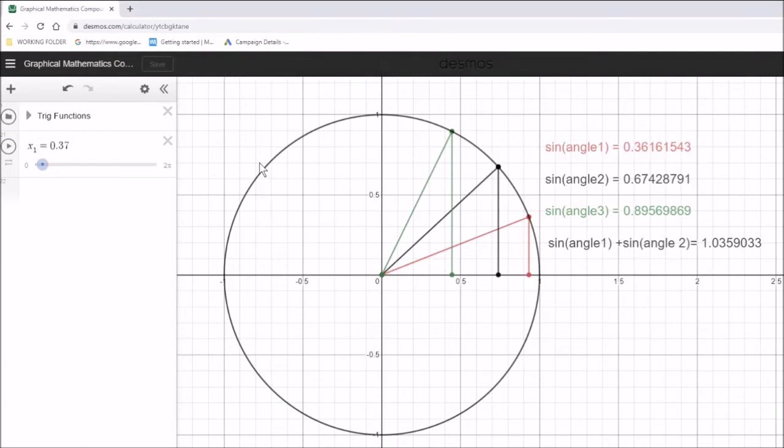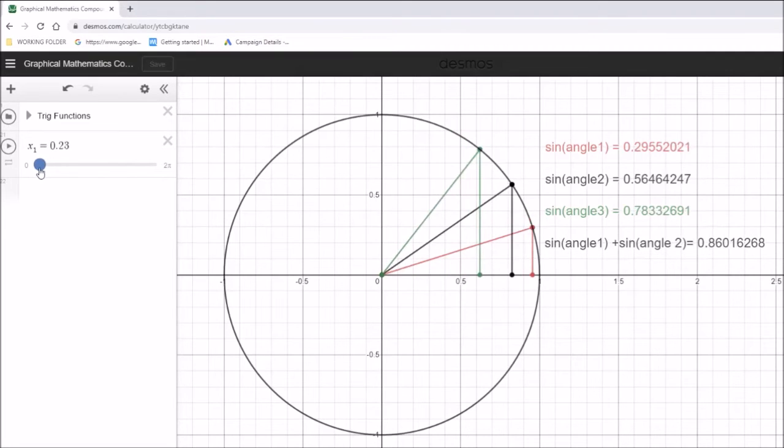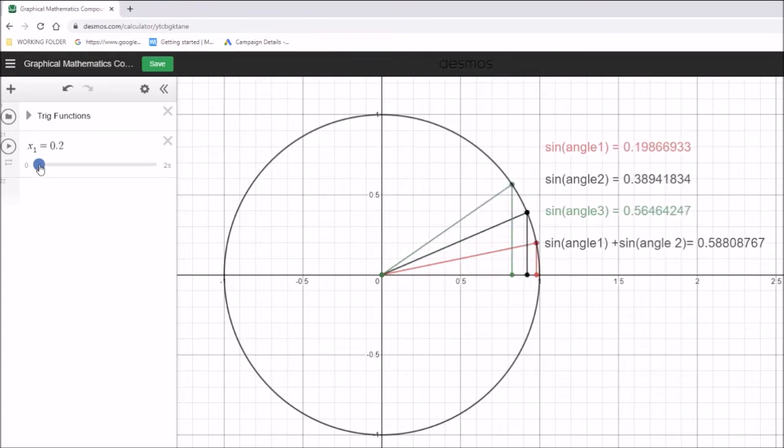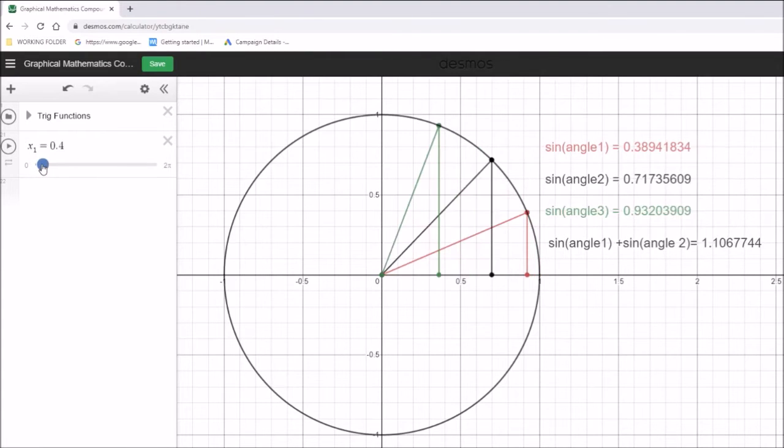So here's another simple way of looking at the compound angle equation. If we start off at a value of 0 here, and we pick up a random point here, now we've got three different lines. We've got the red one, the black one and the green one. The red one is going to make an angle, we'll call it angle 1.